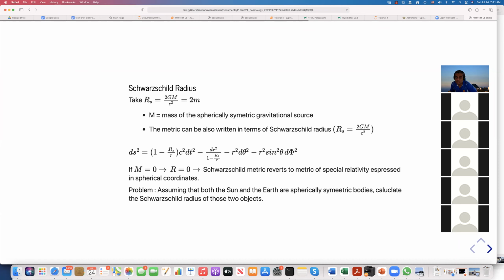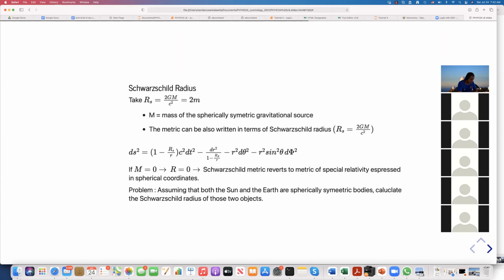Now, can you do this calculation for me so that we can continue from here? So all you need to know is the mass of the Sun, the mass of the Earth, and the value of the gravitational constant to find the Schwarzschild radius, right? Once you find the answers, those two answers will be very interesting for us to continue, right?